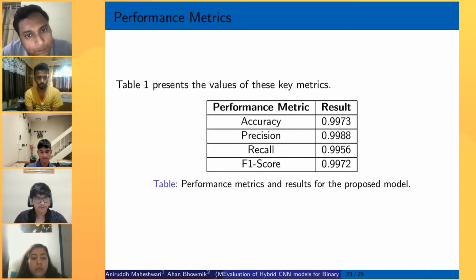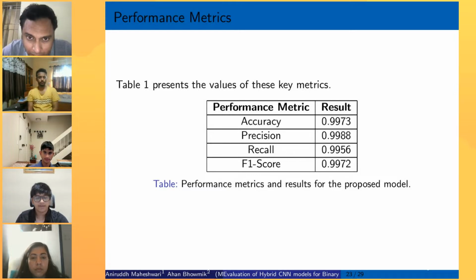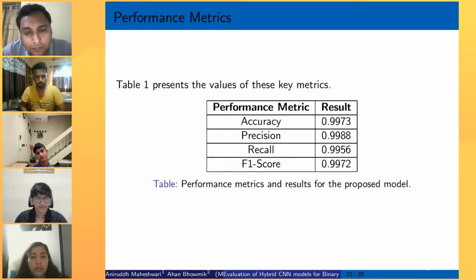And the F1 score is the harmonic mean of precision and recall and shows how we have balanced both metrics. For accuracy, we had 99.73%. Precision, we had 99.88%. Recall, we had 99.56%. And our F1 score was 99.72%, which shows really high performance metrics. Next slide.